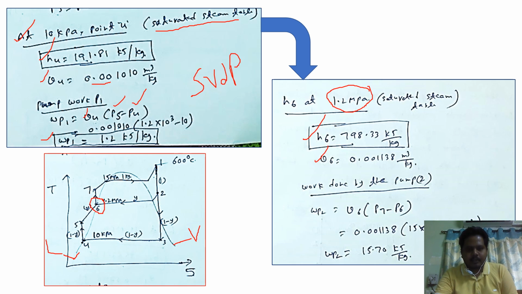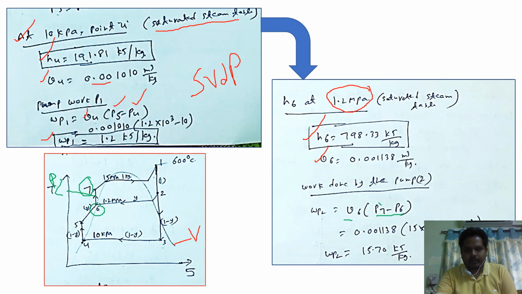Now we can find the work done by the second pump. The process 6 to 7 is the second pump. So work done equals, since the point is 6, V6 and process 6 to 7, so P7 minus P6.